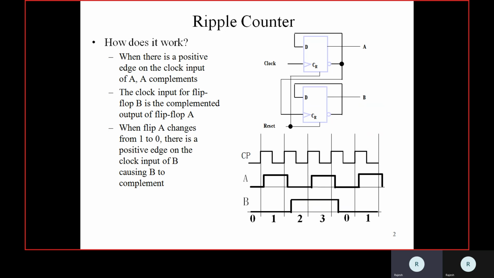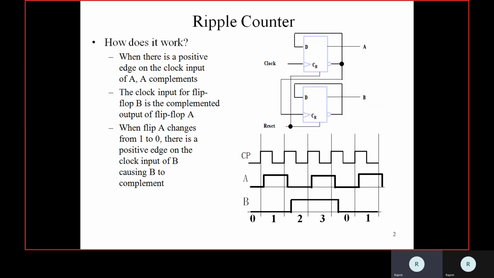And here we are designing a T flip-flop using a D flip-flop. What is a D flip-flop? Data flip-flop. T flip-flop means toggle flip-flop. For a toggle flip-flop, for every clock pulse, the output will be the complement of the input.